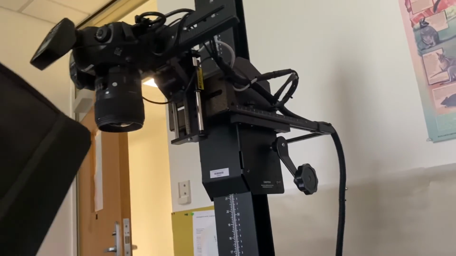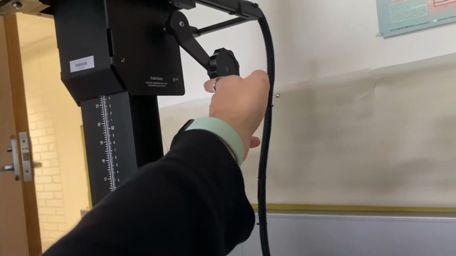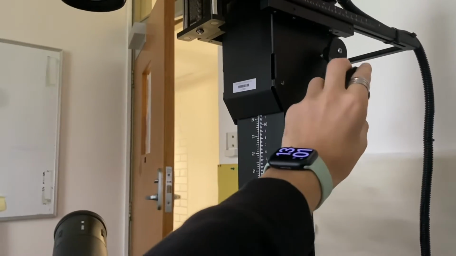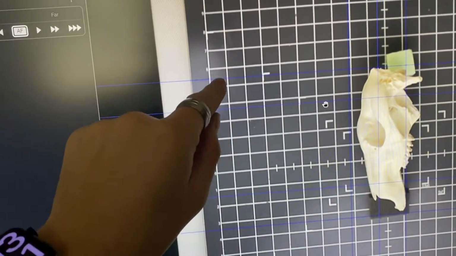As each skull was a different size, I had to adjust the distance from the camera each time by moving that bit up and down. This was the only thing I could change to then be able to refocus it and not have any inconsistencies in the photos I've taken that will change the angles.